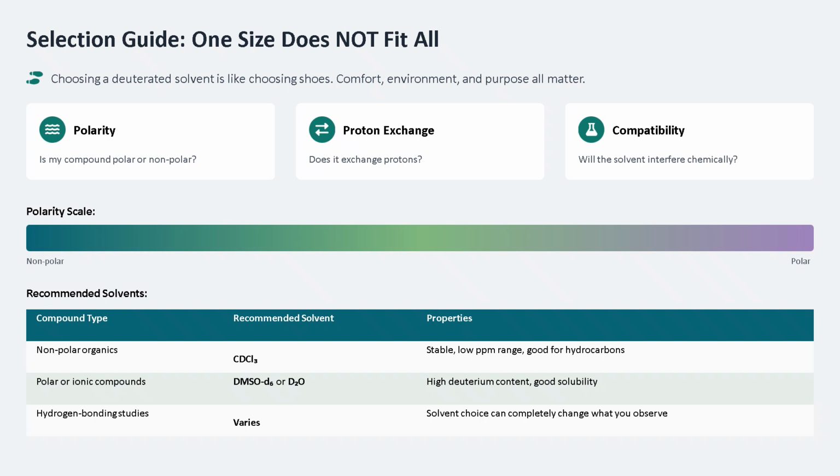Will the solvent react with your compound? For non-polar organic compounds, CDCl3 works well. For polar or ionic compounds, DMSO-D6 or D2O is often the better choice. And for hydrogen bonding studies, solvent choice can dramatically change what you observe.